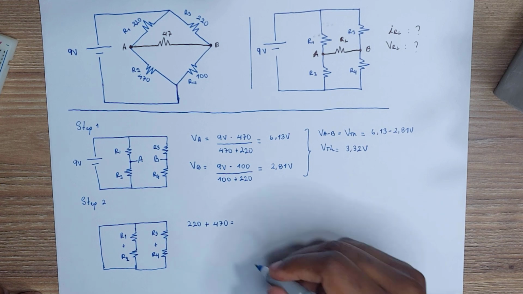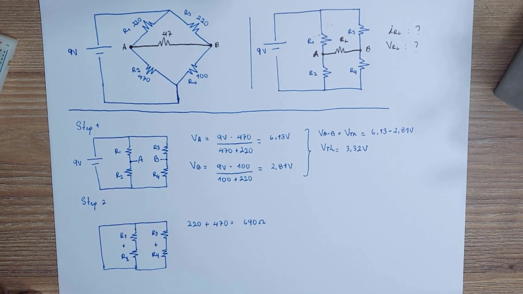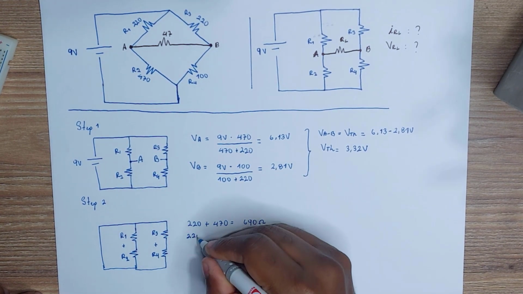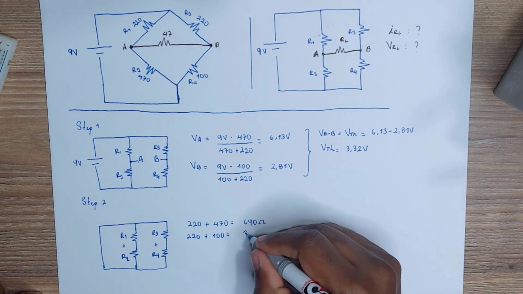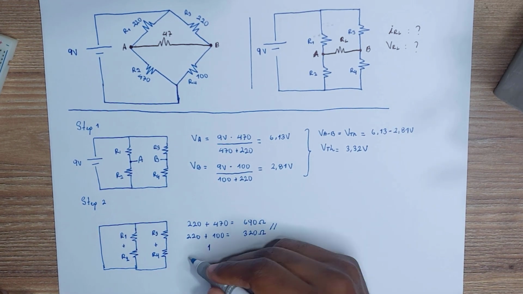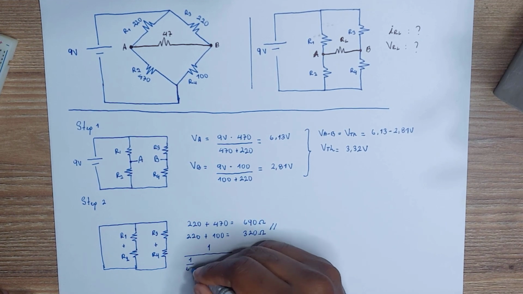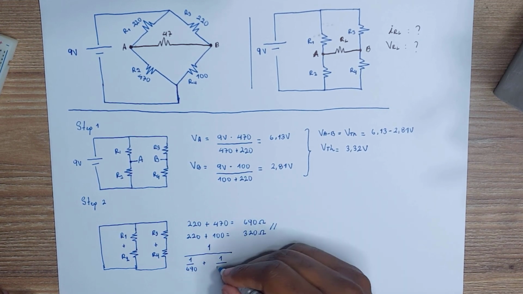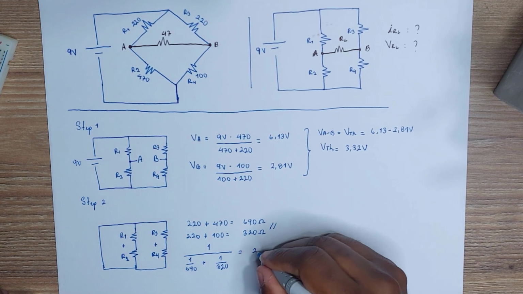R1 plus R2 gives me 690, and R3 plus R4 is 220 plus 100, equal to 320 ohms. And finally, we're going to use the parallel equation, and we have that the Thevenin resistor is equal to 218.6 ohms.